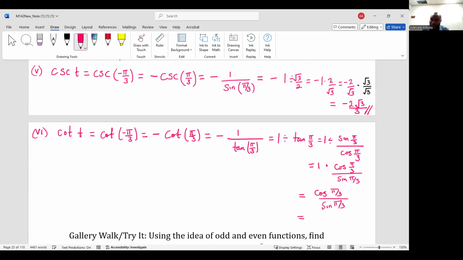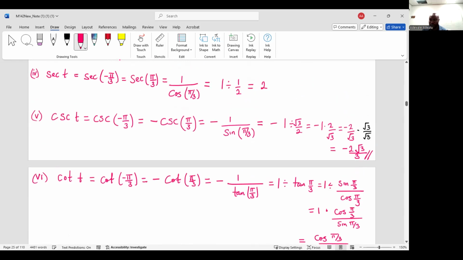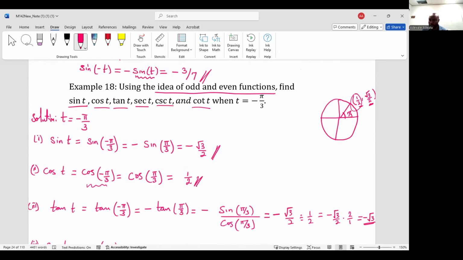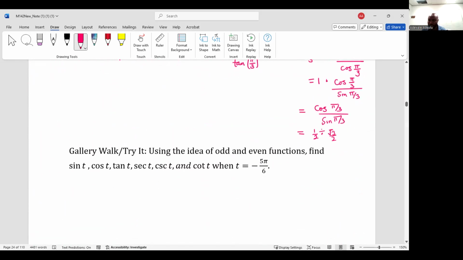And we learned earlier that cosine of pi over 3 here is 1/2, and it is divided by sine of pi over 3, which is root 3 over 2 here. I'm using this x, y. So the sine of pi over 3 is that.